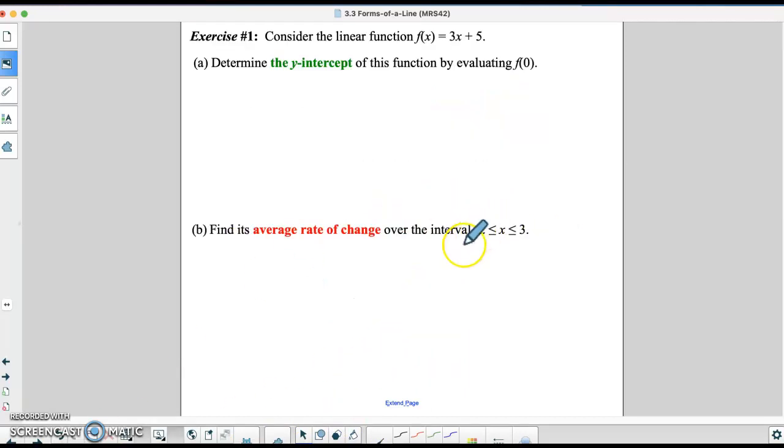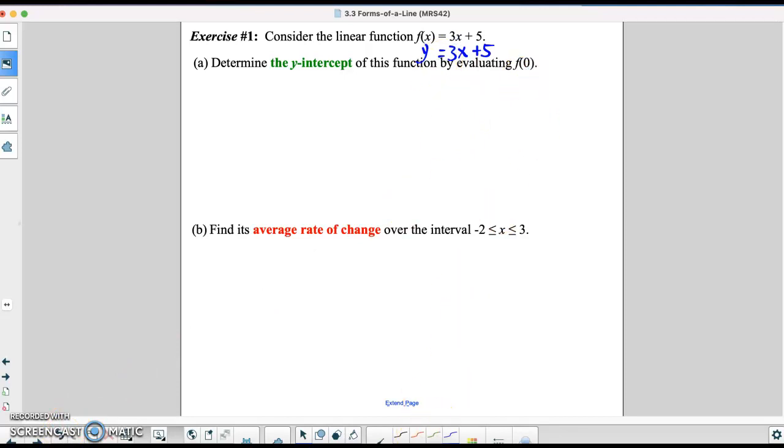Let's take a look at our first example. Exercise 1, consider the linear function f of x equals 3x plus 5. Now they use f of x to replace y, but actually it's the same thing. This is the same as y equals 3x plus 5. So this equation looks just like the format we just discussed on the previous slide, right?